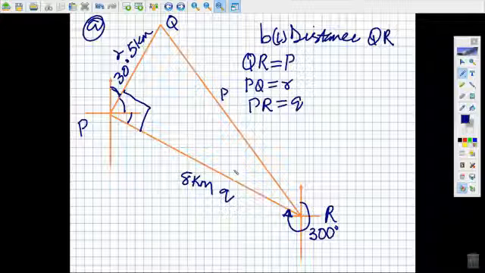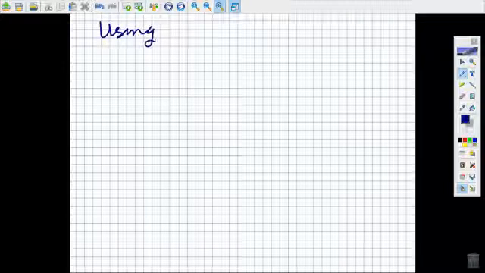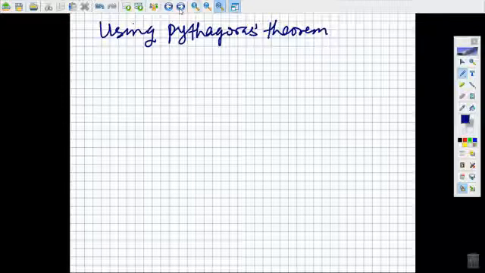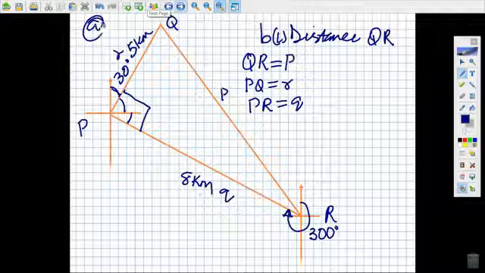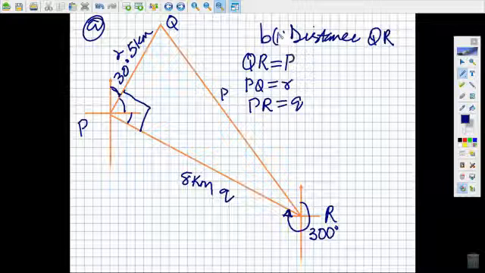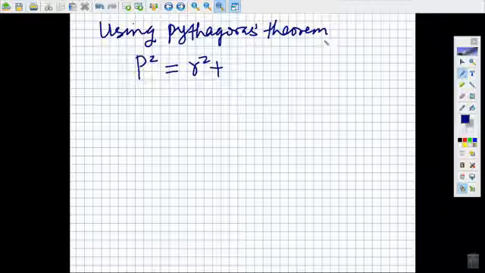Now, using Pythagoras theorem, p square, which is the hypotenuse side, is equal to r square plus q square.